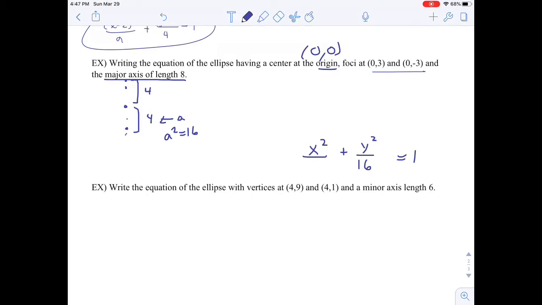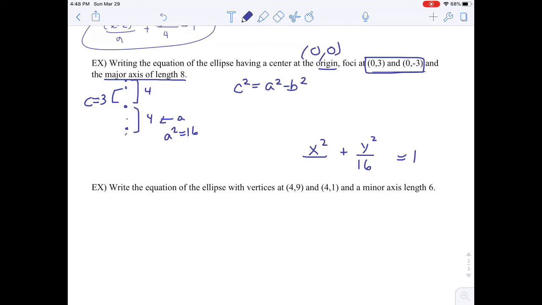Now we have to find out what B is. Well, we have A squared. We can use the information about where our foci are, because remember, you go from your vertex plus C to get to your foci. Our foci here, we had to go up 3, so in this case, C is 3. So C squared equals A squared minus B squared.